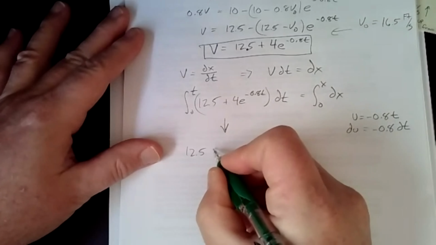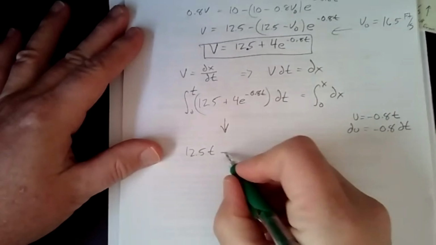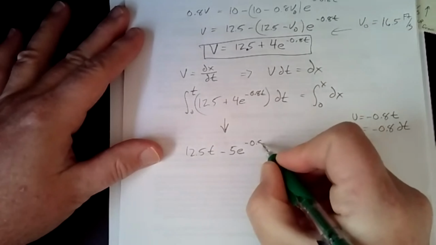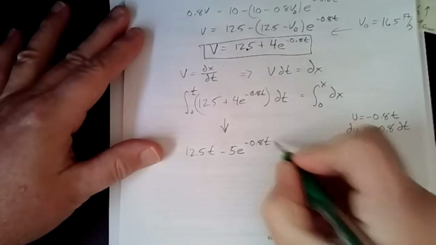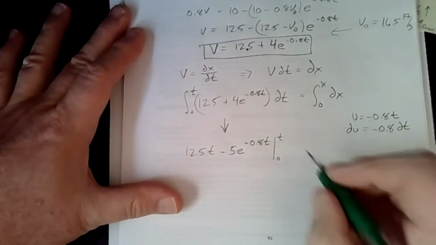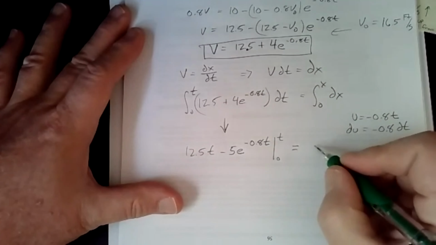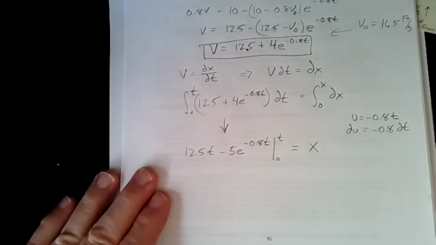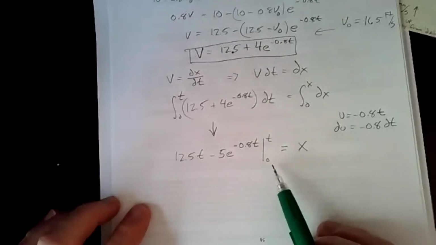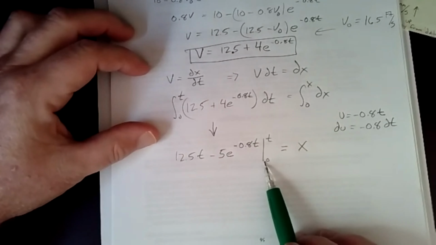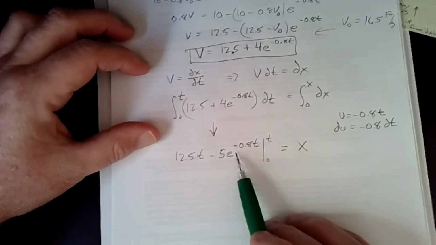12.5 t minus 5e to the negative 0.8 t, evaluated from 0 to t, and that equals just x. Okay, so we need our constant of integration, so we're going to evaluate this from 0 to t. If we put in 0 into here, we get a 5.